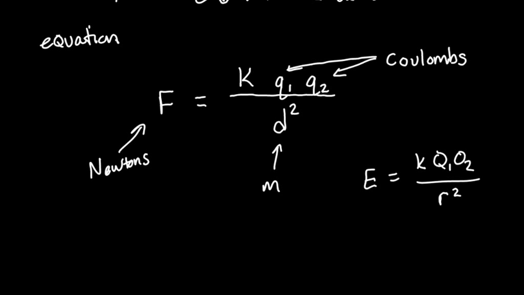All right. So that's Coulomb's law. Coulomb's law, again, is just saying that two charged particles are going to interact with each other, and it's going to be dependent on the magnitude of the charge, how great the charge is, which is why here we care about what the actual numbers are relating to the charges.